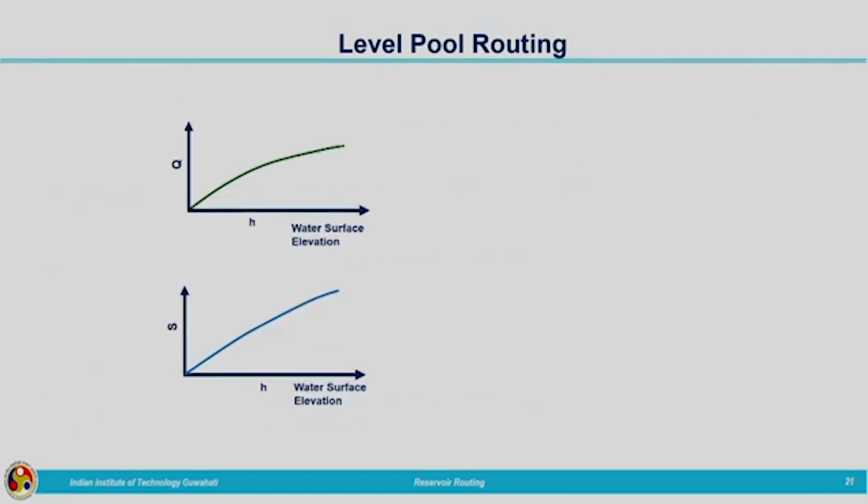This first graph represents Q versus H, that is the outflow versus water surface elevation, with elevation along the x axis and outflow along the y axis. The graph below represents the storage versus H curve, with storage along the y axis and water surface elevation along the x axis. Corresponding to a particular H, we will note down the storage.